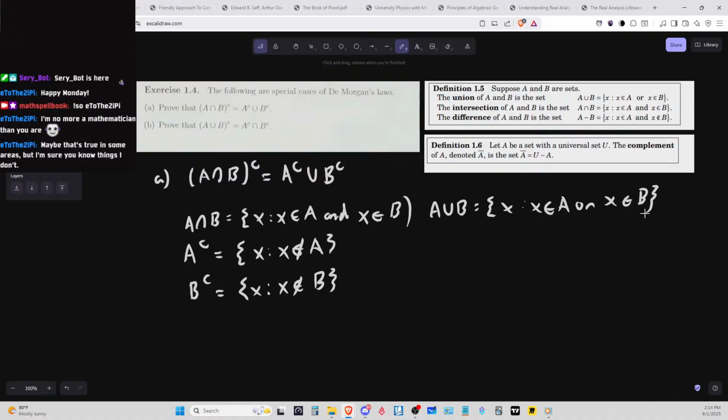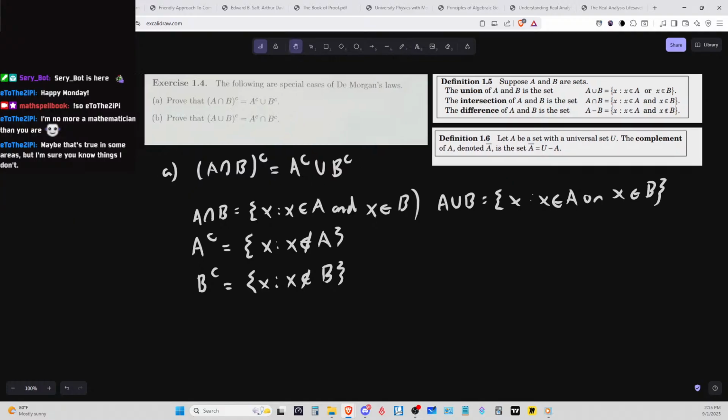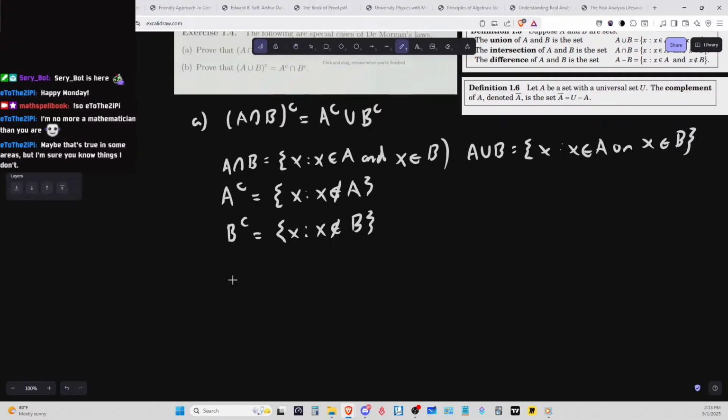Alright, so we have our definitions laid out. Now we gotta figure out how we're going to do this. I'm guessing for the complements of these two, we're gonna have to use different variables. Now the hard part, actually writing this stuff.